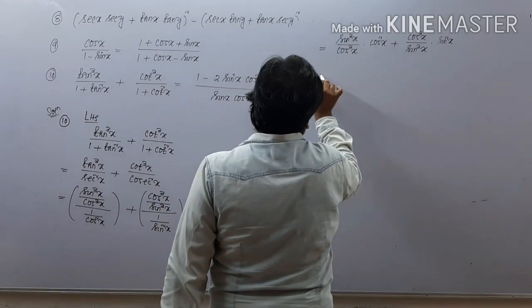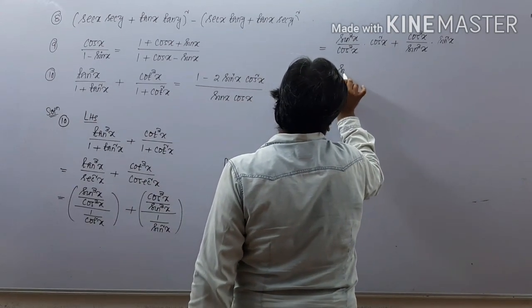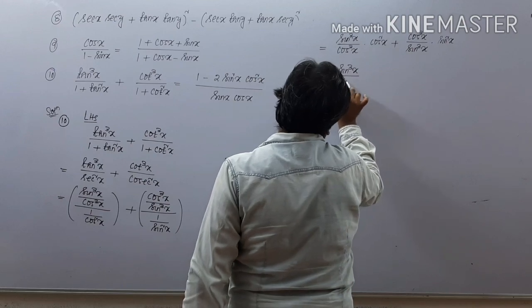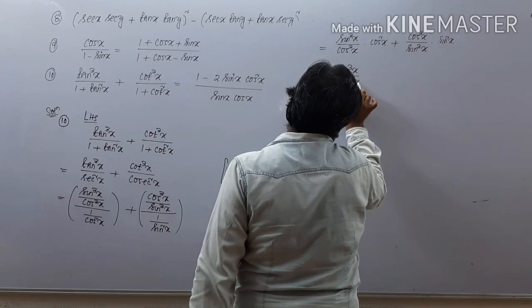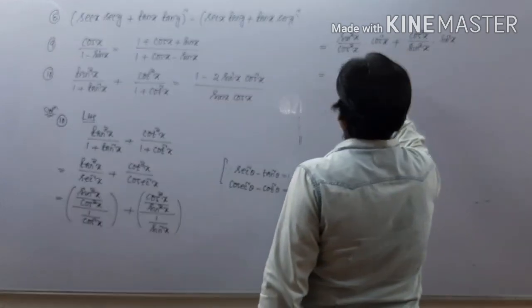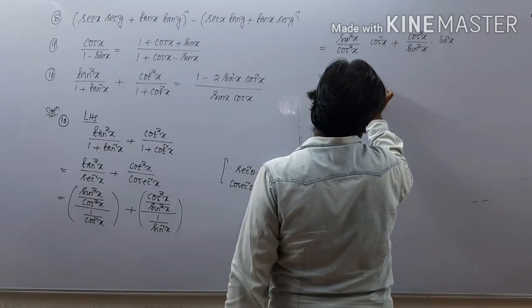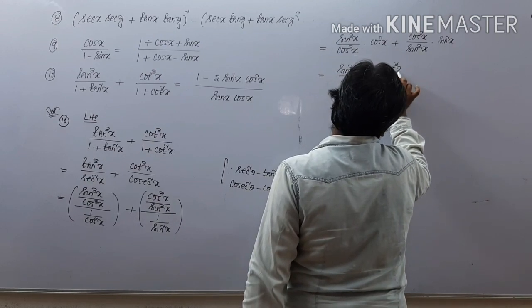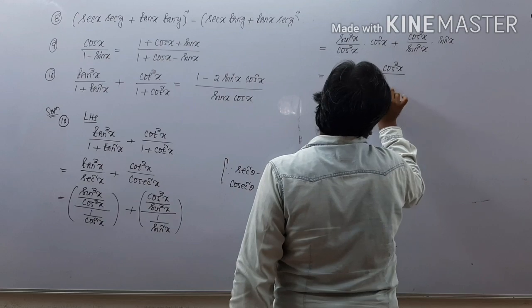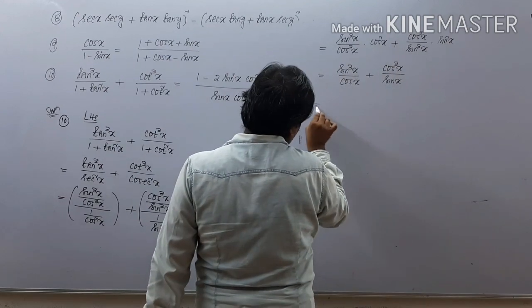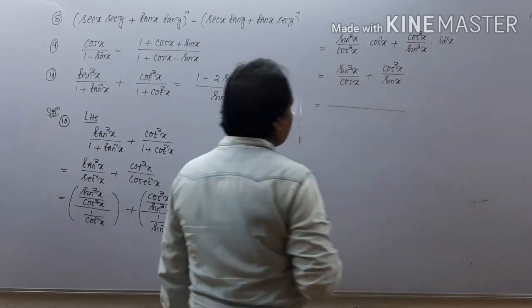So we have sin cube x by cos x, because here cos square x is present, here cos cube x is present, so cos square x cancels out, remaining is cos x, right? Here cos cube x divided by sin x, and this is equal to, here I will take LCM.